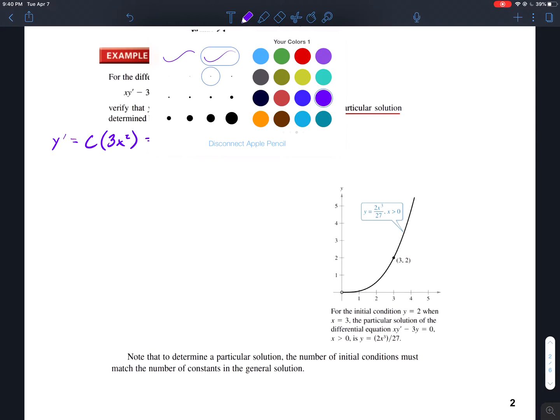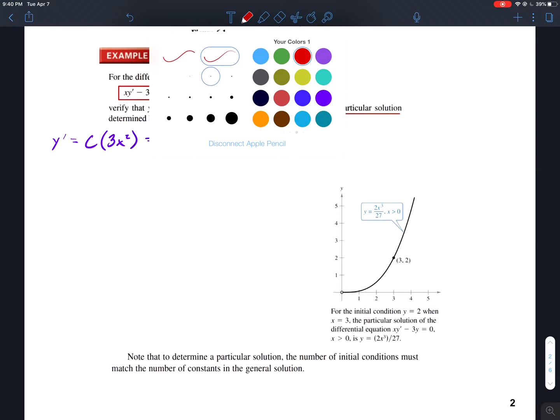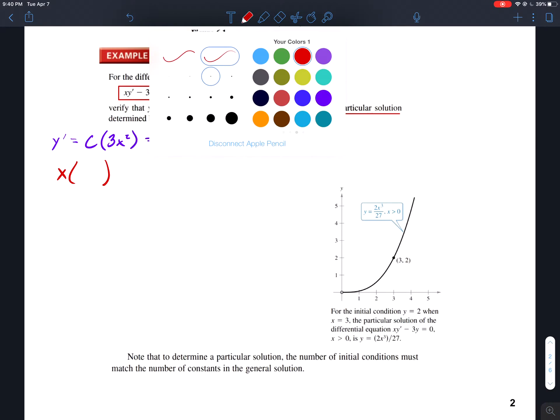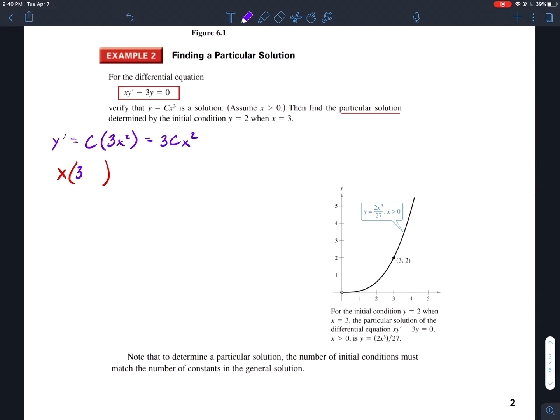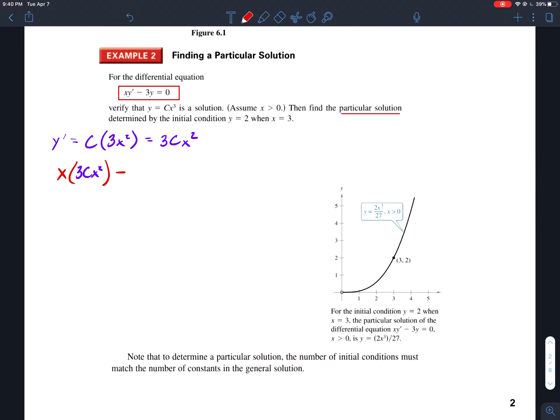All right? So if I plug that back into my differential equation here, then I get x times that y prime, 3cx squared, and then minus 3 times my original function y, so cx cubed, and that is all supposed to equal 0.